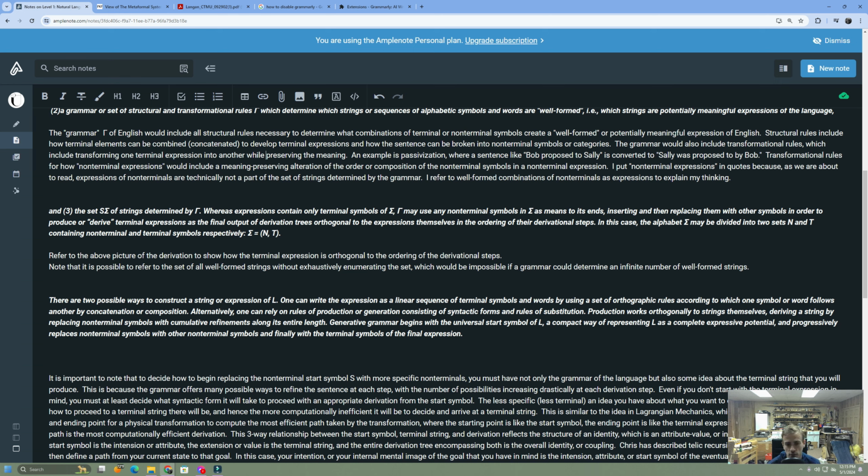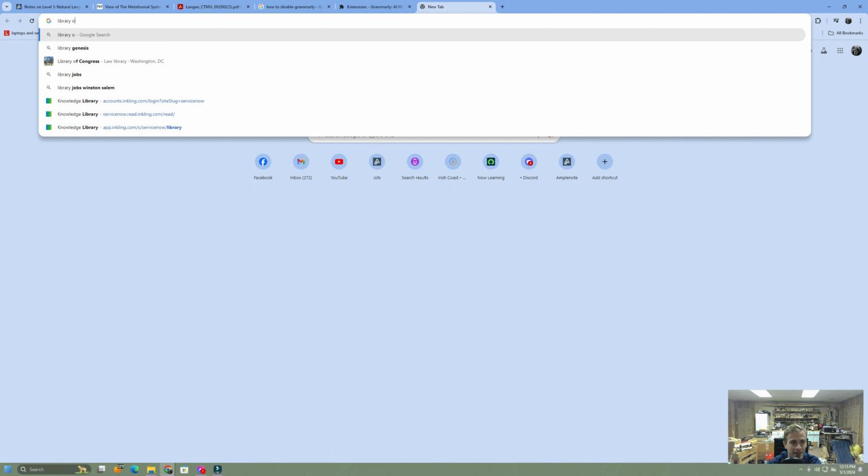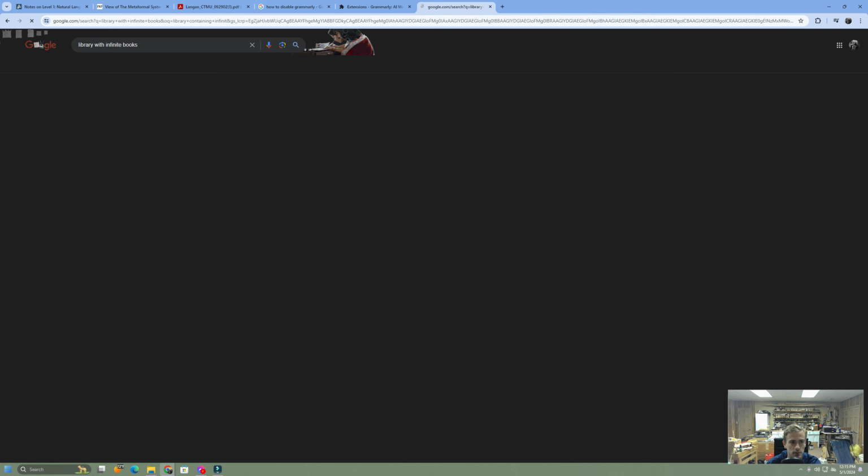So even languages which, like English, contain an infinite number of possible terminal expressions, think of the Library of Babel. What is that concept? A library containing infinite books.